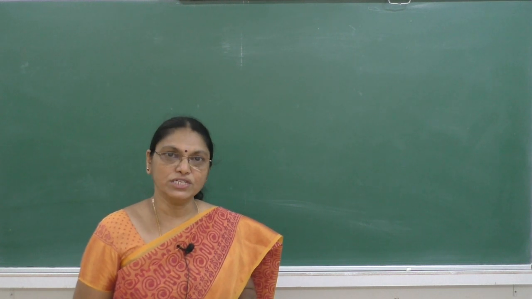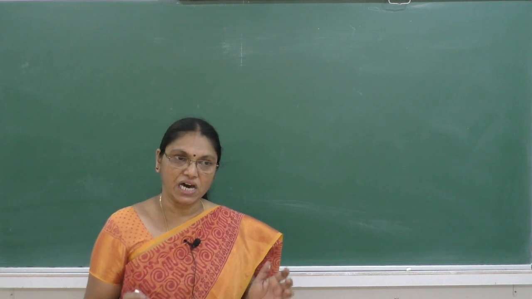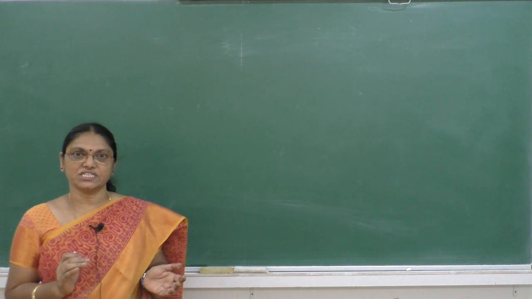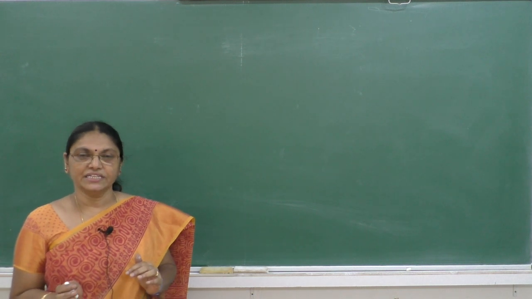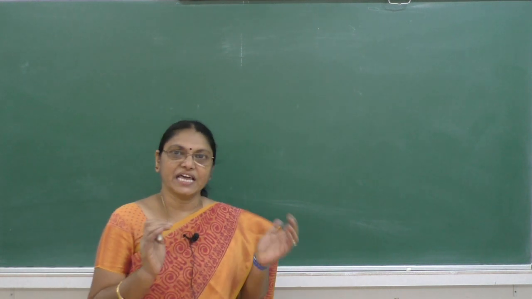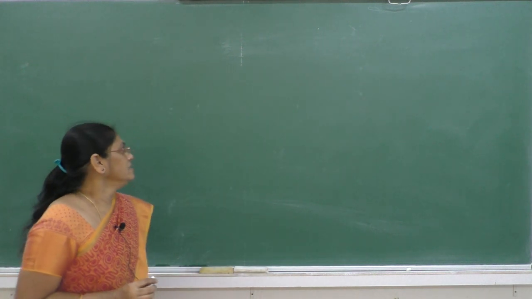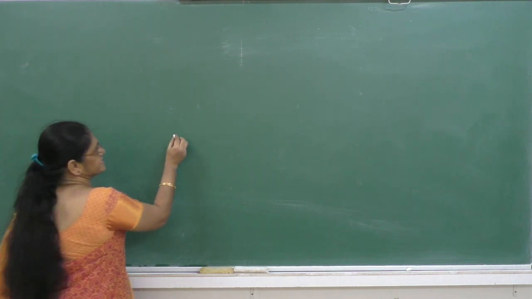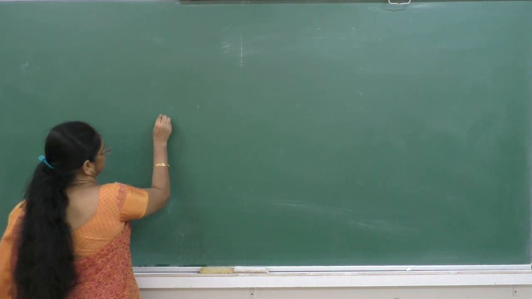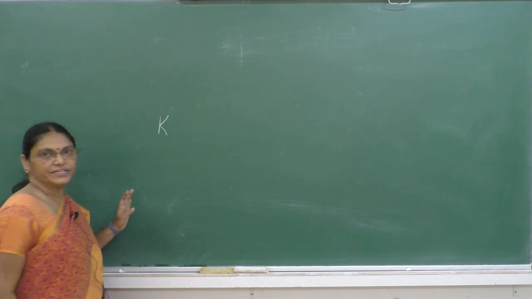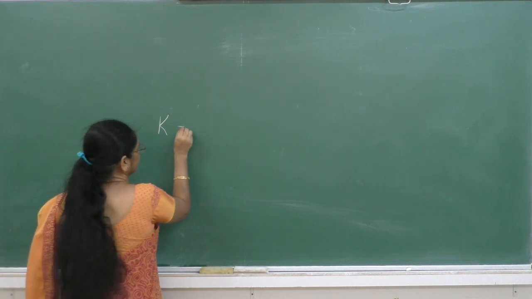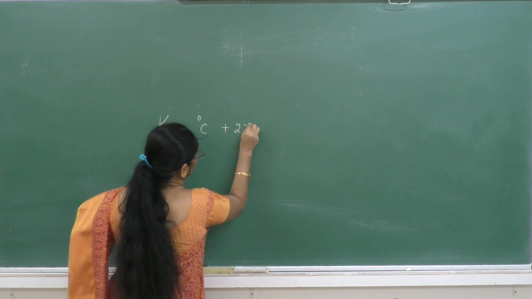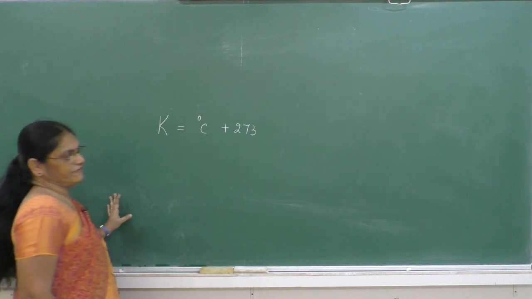Then we also learned the relationship between degree Celsius and Kelvin, and degree Celsius and Fahrenheit. Degree Celsius is related to the Kelvin scale like this: Kelvin, denoted by capital K, is equal to degree Celsius plus 273.